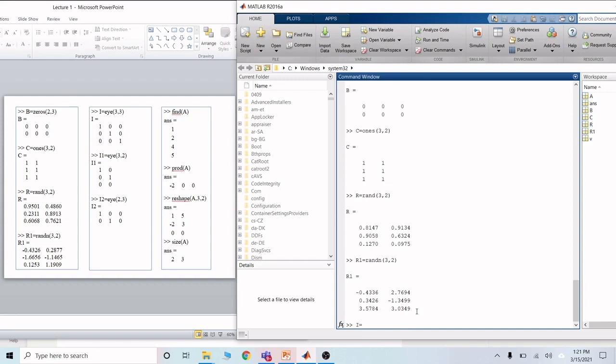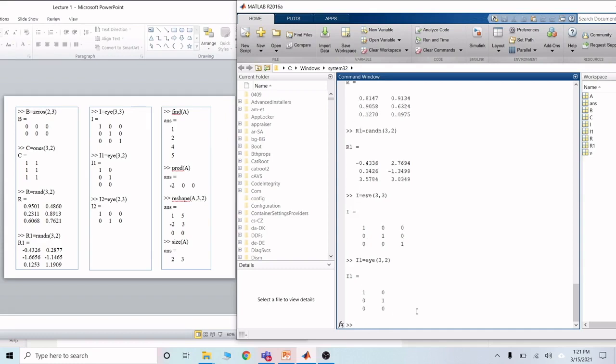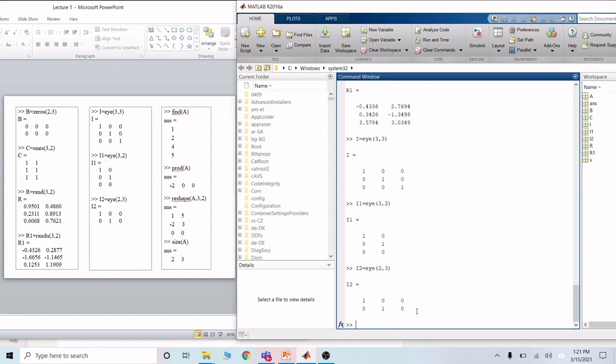Capital I is equal to eye, the identity matrix 3 cross 3. If you type eye 3 cross 2 or eye 2 cross 3, then along the diagonal there will be 1 and the others will be 0.